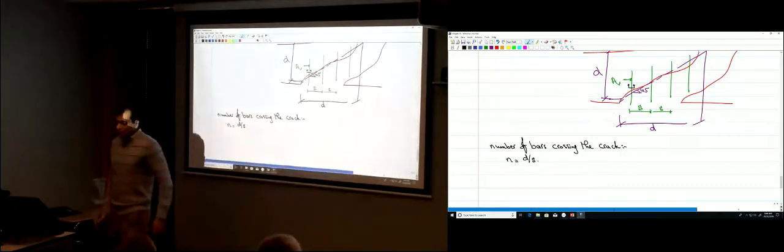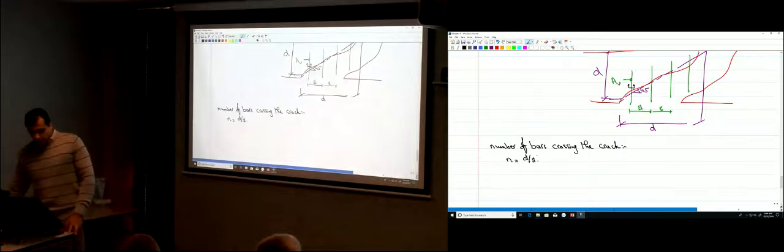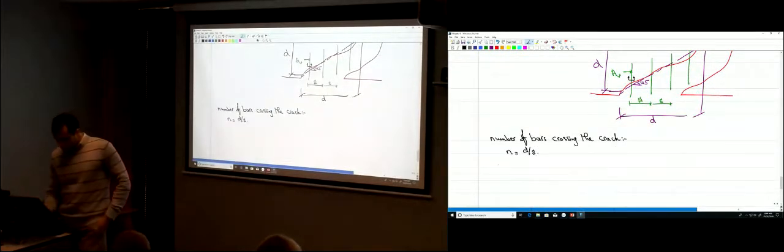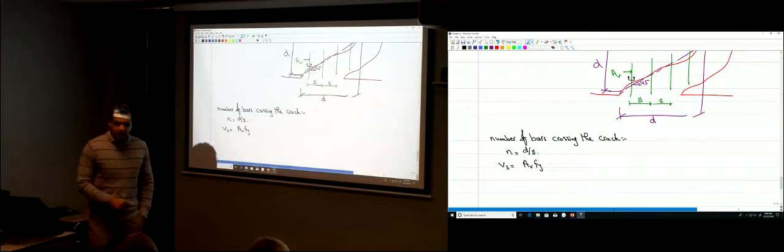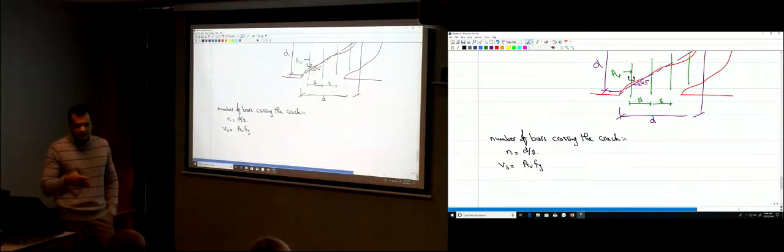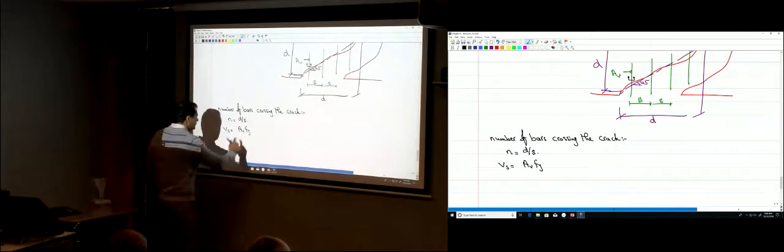Okay? So each bar can provide a force equal to Av multiplied by fy, assuming that this bar is going to fail at yield. So each bar can provide Av fy.